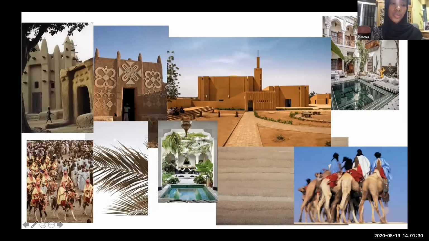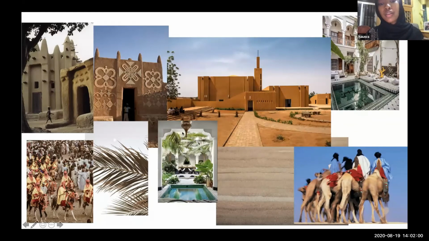So for my mood board, I wanted to really highlight typical features of traditional architecture in terms of both the features and the material palette, and the culture and the color as well. And like I said, I wanted to also incorporate the cultural elements such as the Durbar festivals and the courtyards, which you can see some modern examples of here.